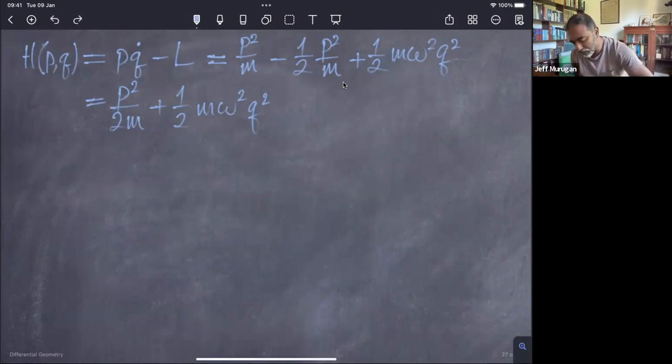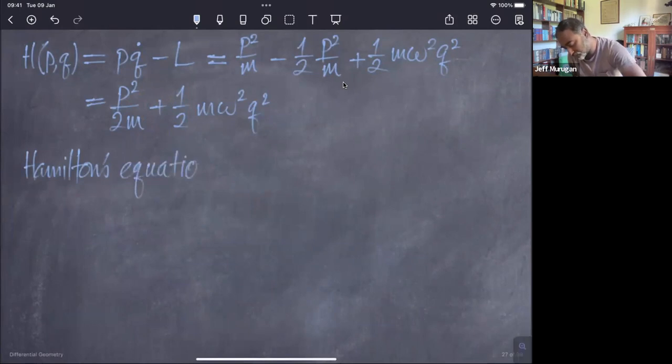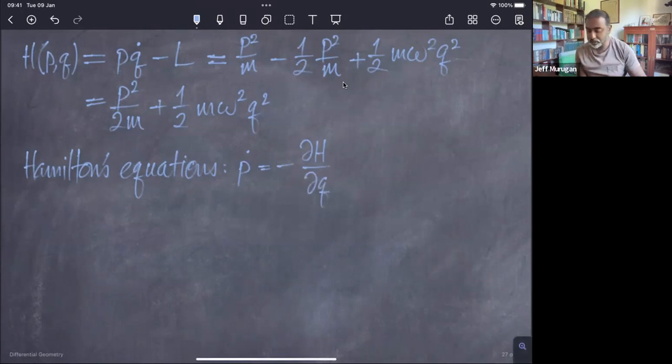The associated Hamilton's equations are that p dot is minus dH by dq. dH by dq is m omega squared q.